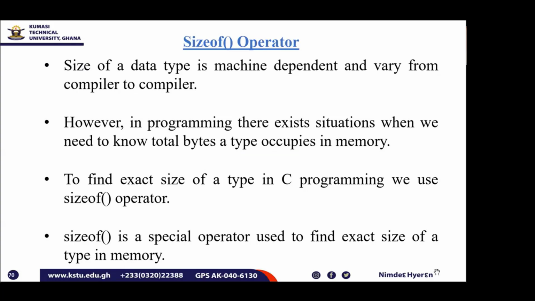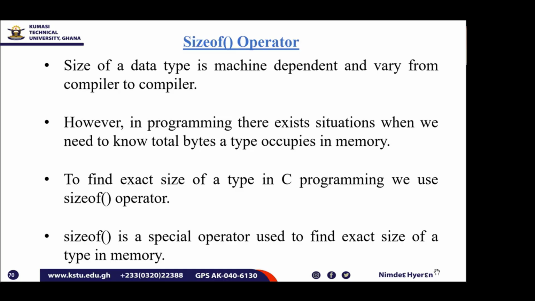Then we have the sizeof operator. The size of a data type is machine dependent and varies from compiler to compiler. Now, in programming, there are situations where we need to know the total bytes that a type occupies within the memory, say an integer, a float, a character.